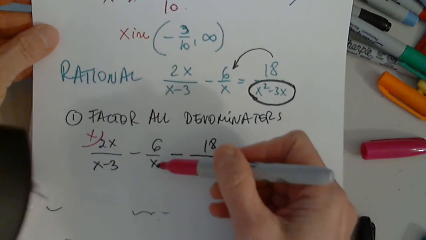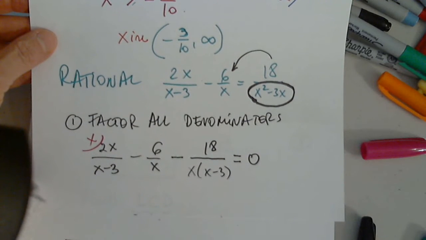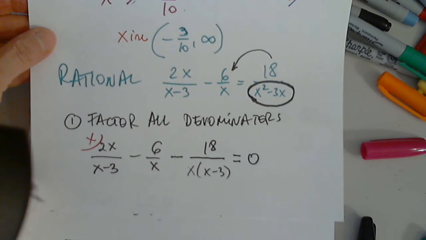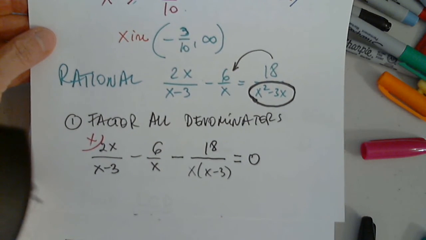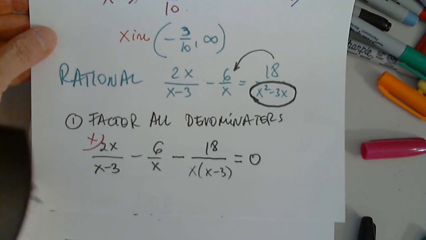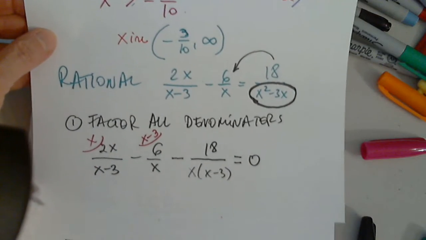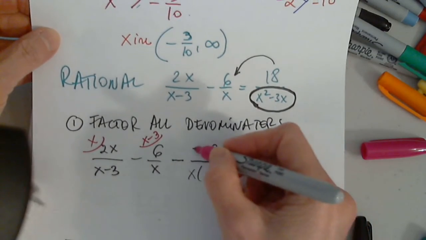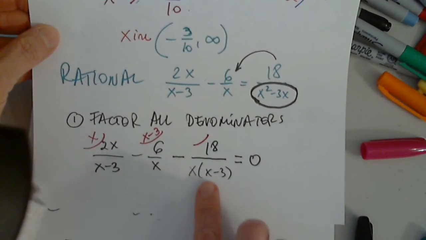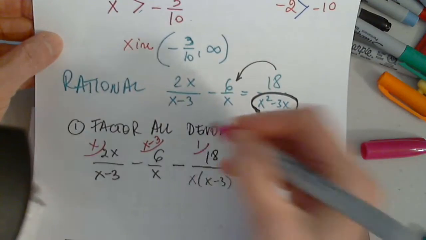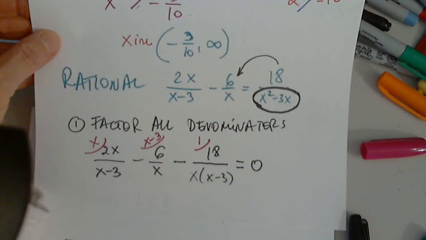Same thing, I have x. What did I multiply x by for the second fraction? X minus 3. Good. We have to do the same thing to the top. What about here? What do I multiply the top by? 1. Exactly, or nothing. Great job.